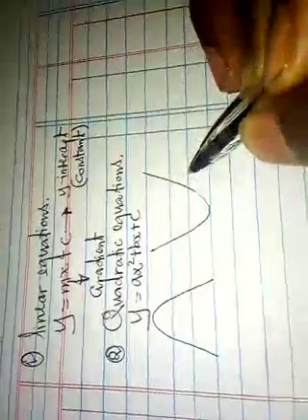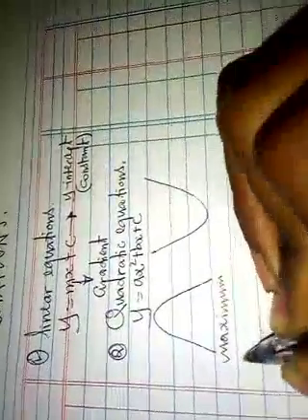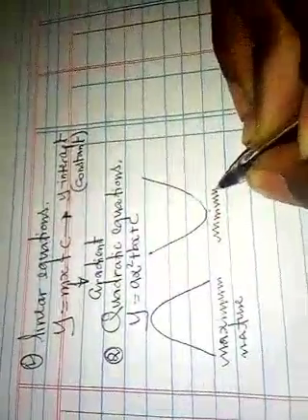This is their nature. If it comes out in this way, we say that it has a maximum nature. If it comes out in that way, we say that it has a minimum nature.